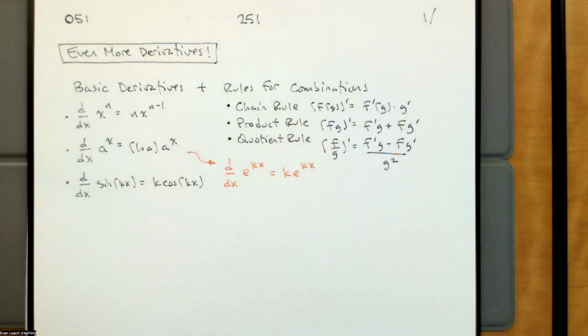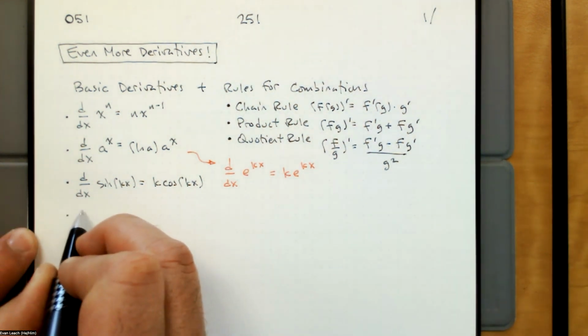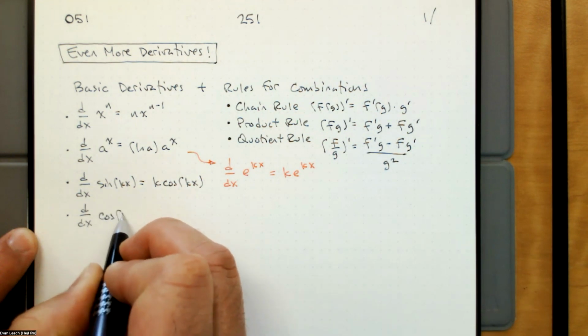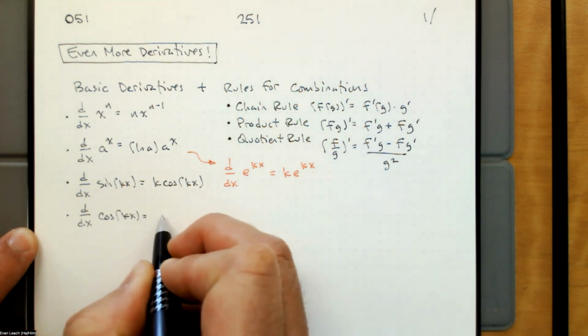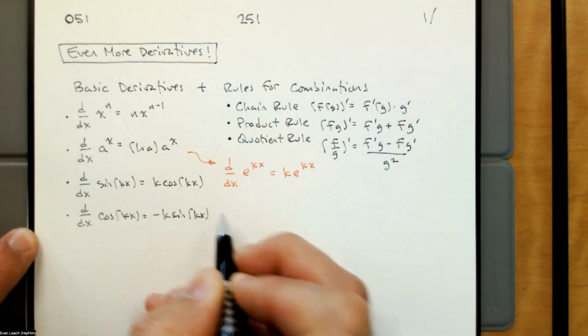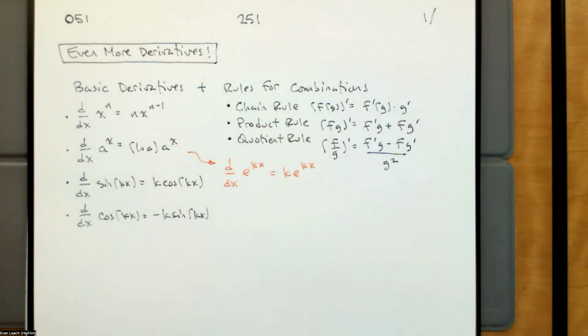We usually summarize this by saying the derivative of sine is cosine and leave off the of x part. The derivative of cosine is negative sine. That's the way we summarize this one. The derivative of cosine is negative sine.